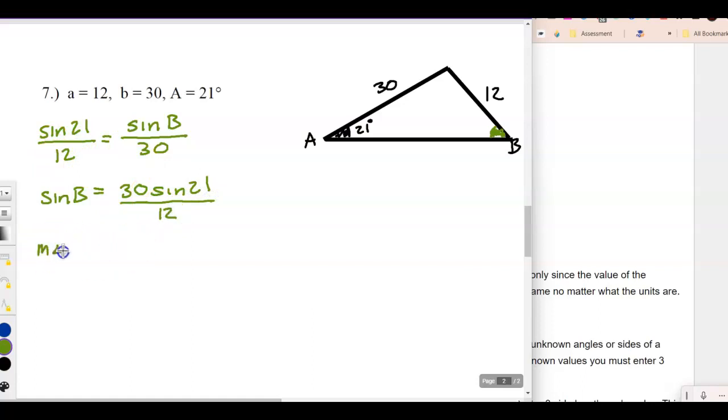So the measure of angle B will equal the arc sine of this value. Alright, and that comes out to approximately 63.6.